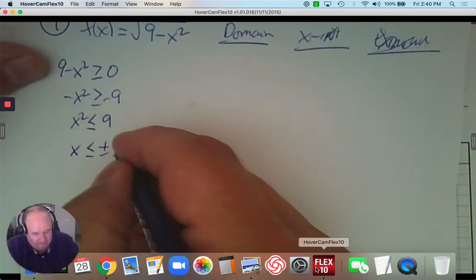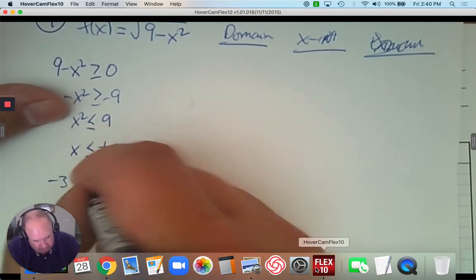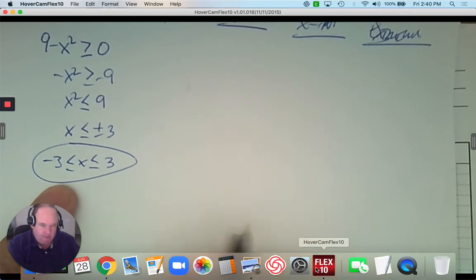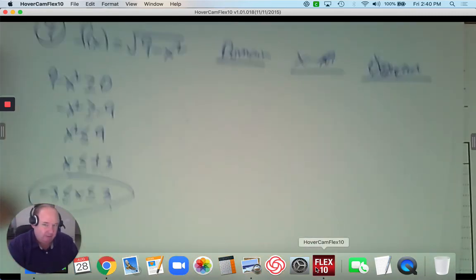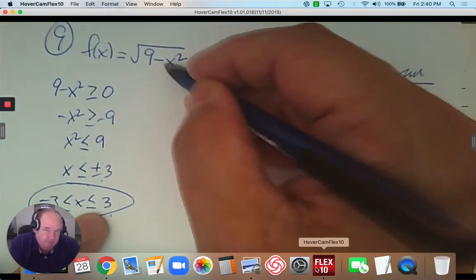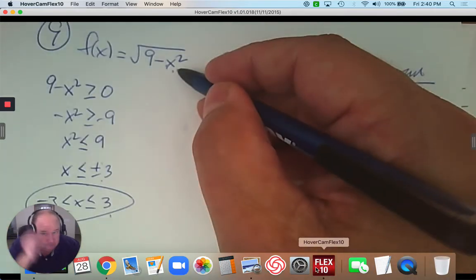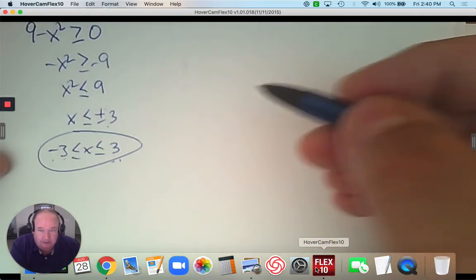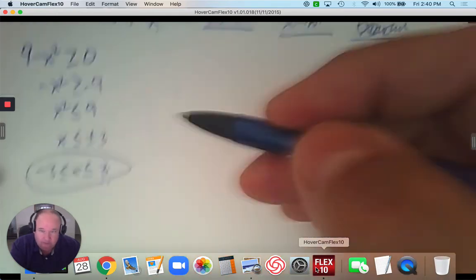For less than or equal to, it creates the situation where the domain is between -3 and +3. Then you test it out to make sure it makes sense. If I plug in a number bigger than 3, you're going to get a negative answer. If you plug in a number smaller than -3, you're going to get a negative answer. So it's only valid from -3 to +3. I set up the inequality and then solved it.